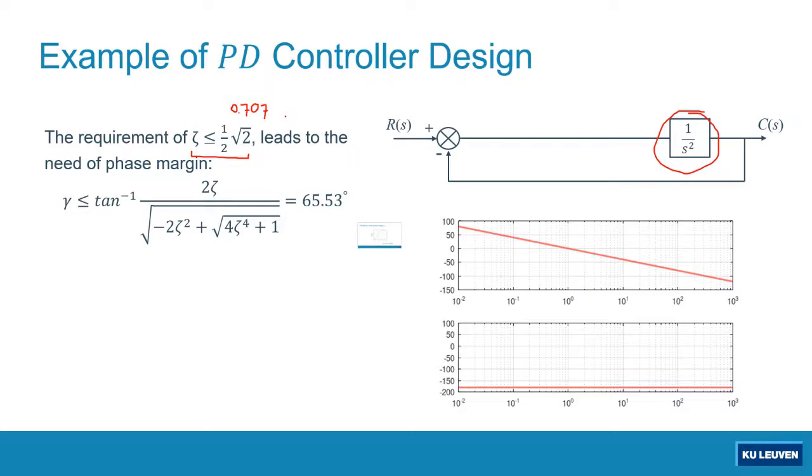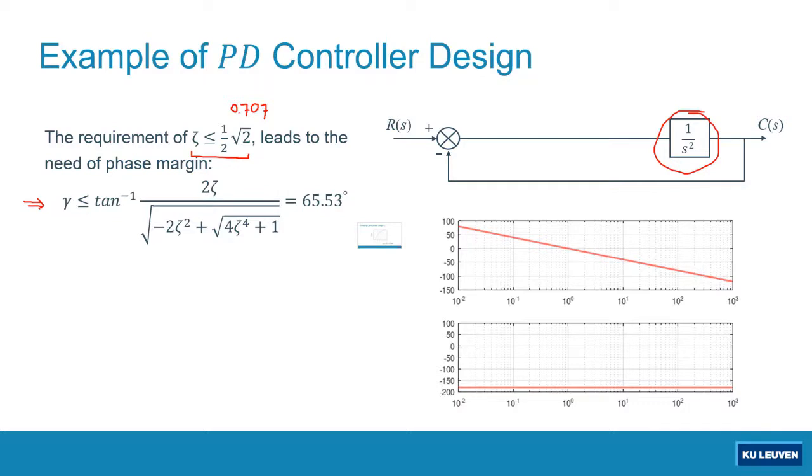So what I'm going to do now is translate the damping ratio, the zeta requirement, to a phase margin requirement using this formula. You have seen this formula before, right?